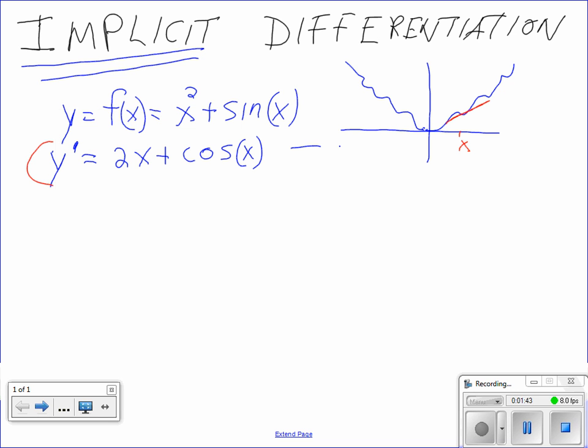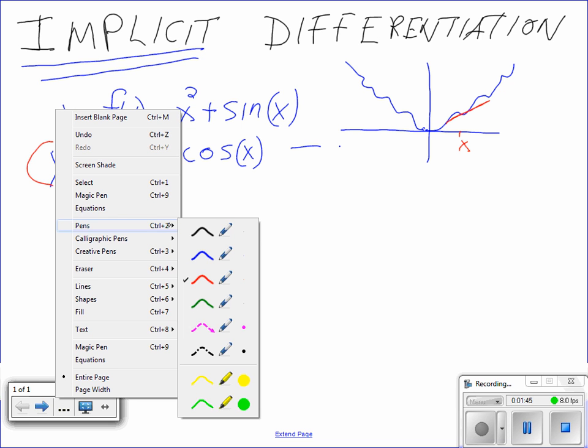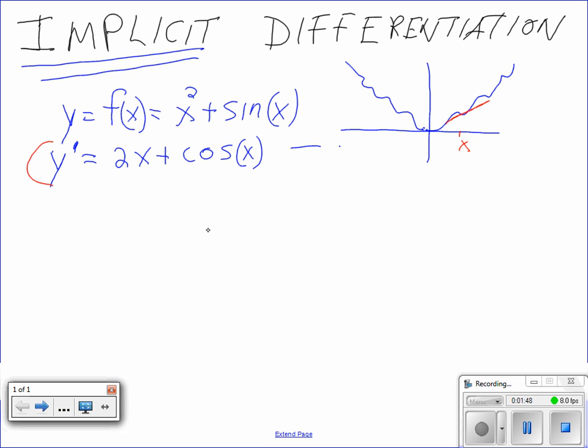Implicit, and we'll go to black here. Let me give you something familiar, one of the familiar conic sections. You might recognize that as a circle.